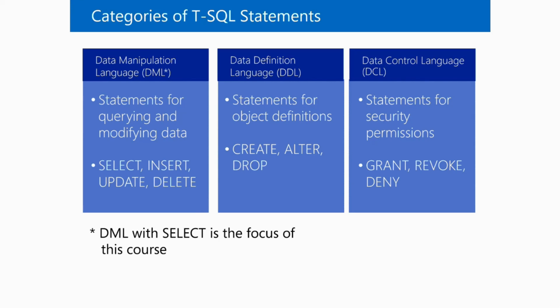But if it is a view, you want to change the definition of a view, you want to change the definition of a stored procedure, then also we use the alter statement. Then we have a drop statement. The purpose of the drop statement is to remove that object entirely from our database. So that is the main purpose of the drop statement.